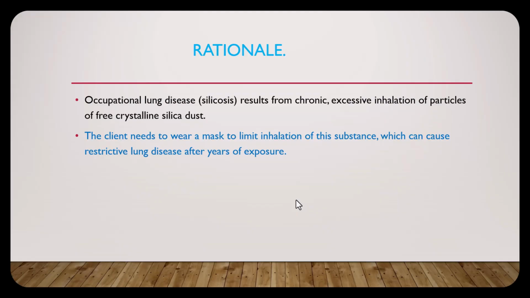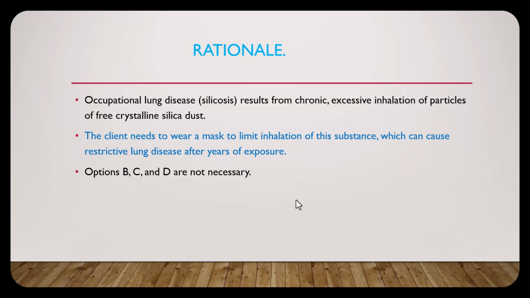The client needs to wear a mask to limit inhalation of this substance, which can cause restrictive lung disease after years of exposure. Finally, options B, C, and D are not necessary.